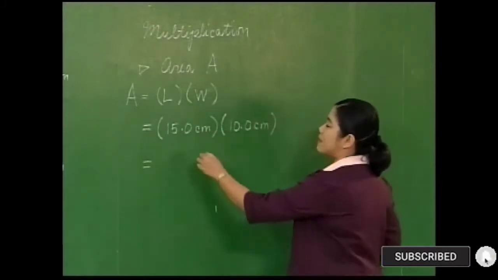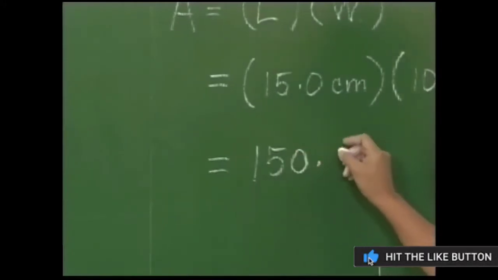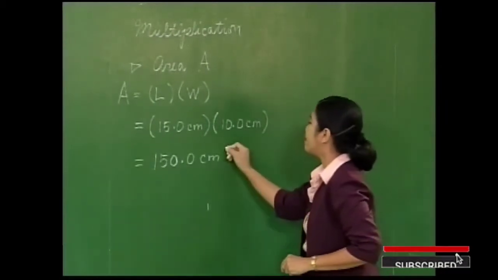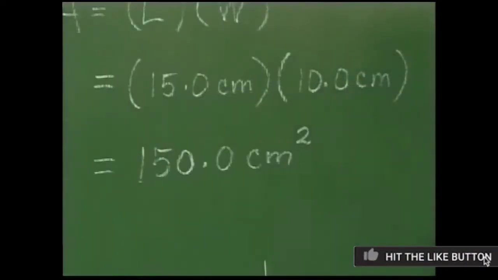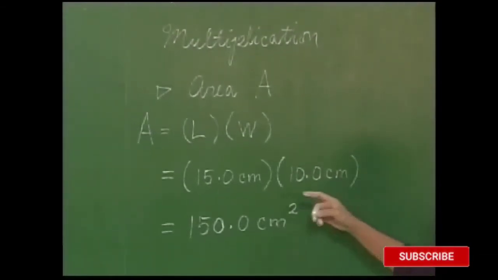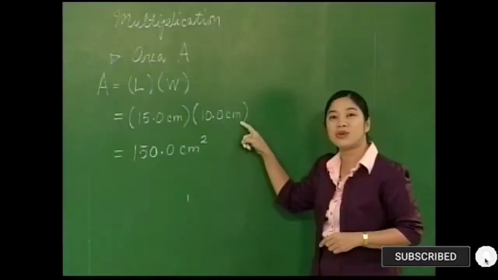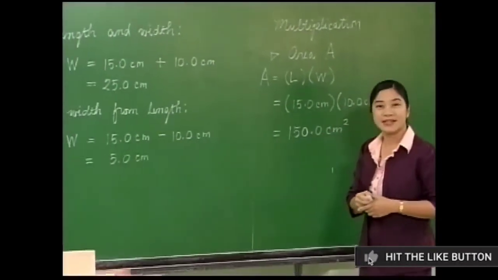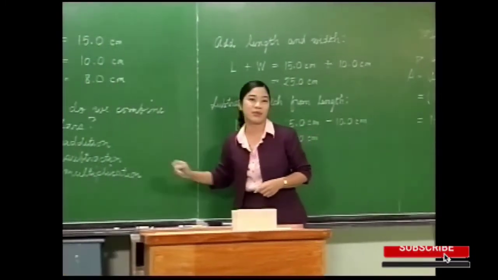Again, you simply multiply 15 times 10, and so you get 150.0 centimeters times centimeters, so you have centimeters squared. So this is how you would combine. Of course, you can also take the volume, length times width times height. Again, you simply multiply the numbers and you multiply the units the same as you do in algebra. So this is an example of a scalar. Area, you also have length, width, and so on.